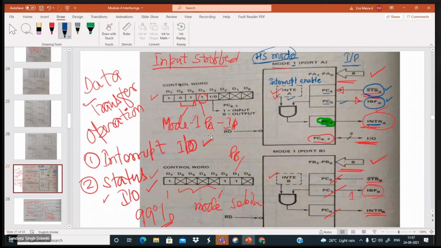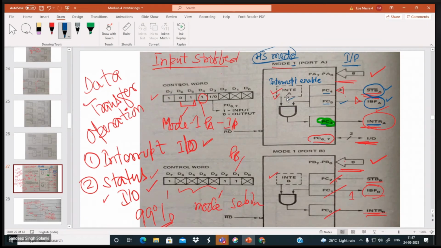See, you should understand one thing here, that first of all, this control word has to be created, but when you are creating this control word, nowhere is this INT coming, isn't it? In this control word, nowhere it is coming. But what I am saying is that you should use this INTR.